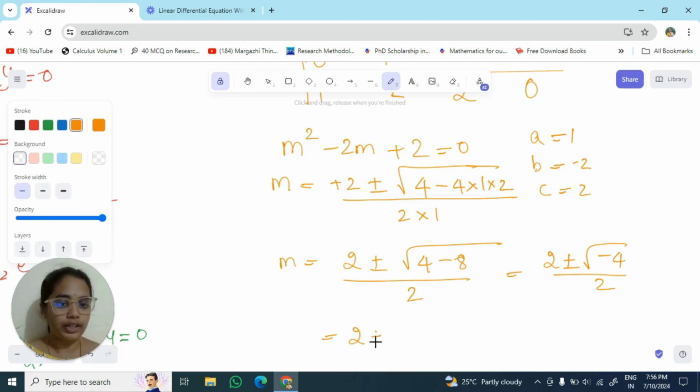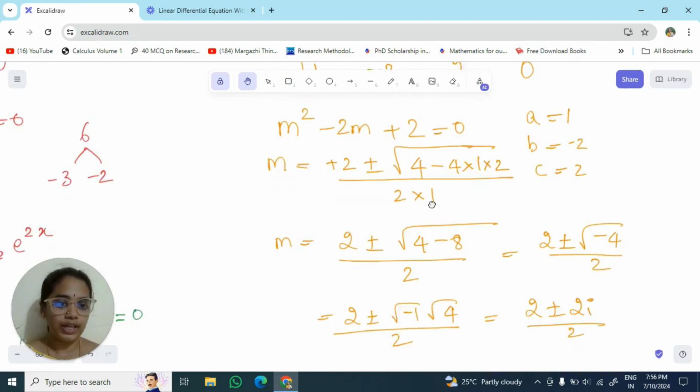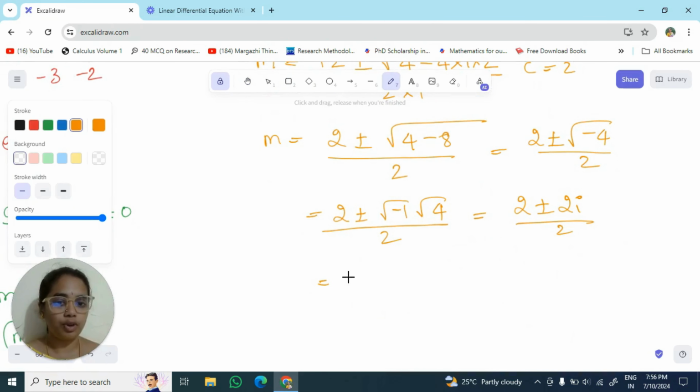Yes, so I can write it as square root of negative 1 into square root of 4. What is square root of 4? We know that it is 2, right? 2 plus or minus 2i divided by 2. Yes, so if we take out 2 as common over here, we would get 1 plus or minus i divided by 2, 2 gets cancelled.